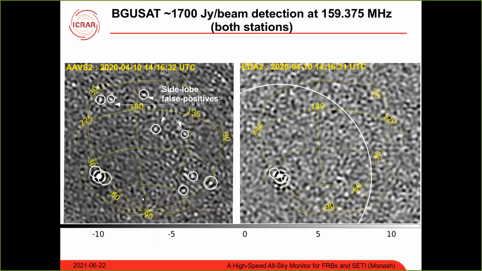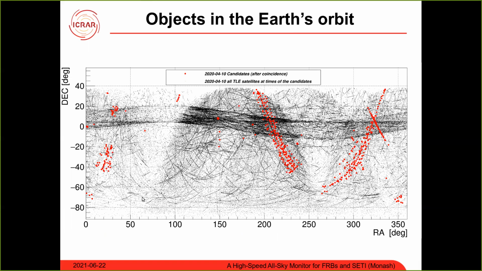And therefore, when there was a super bright RFI like this one, or even brighter, then I would exclude the whole image from the analysis, because these side lobes would be present in the image, causing a lot of false positives. There are plenty of objects in Earth orbit, and what you can see here is actually my list of transient candidates as red dots, from the night of 10th of April last year.